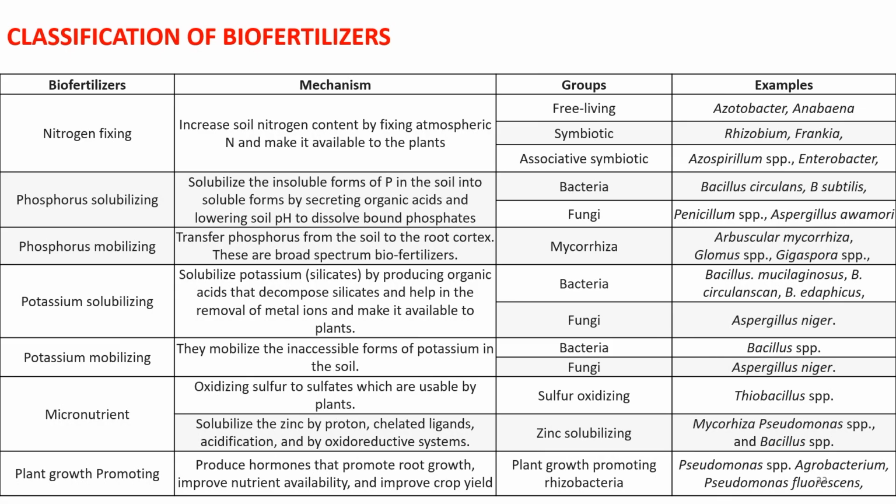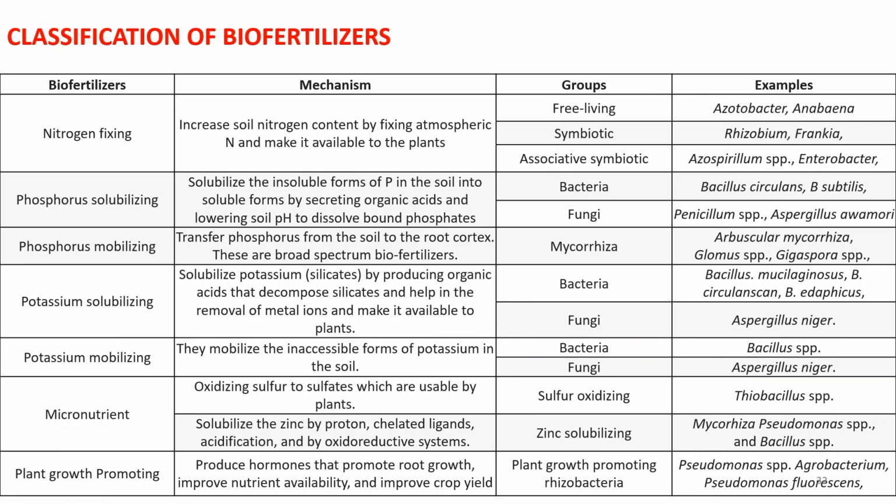These solubilize potassium silicates by producing organic acids that decompose silicates and help in the removal of metal ions and make it available to plants, and they may be bacteria and fungi like Bacillus and Aspergillus niger respectively. Then we have potassium mobilizing biofertilizers. They mobilize the inaccessible forms of potassium in the soil, maybe bacteria like Bacillus and fungi like Aspergillus niger.